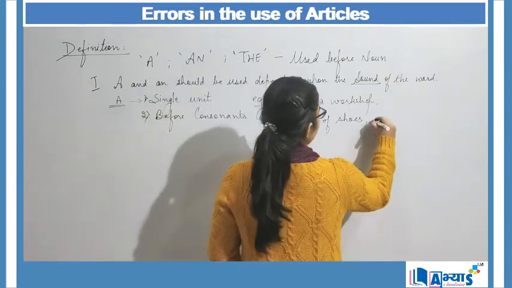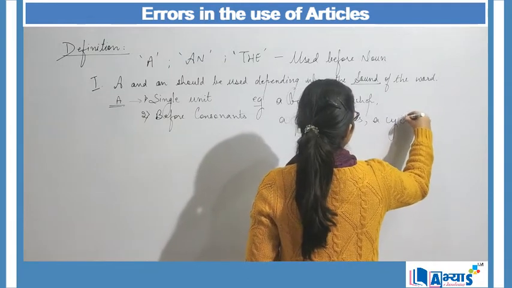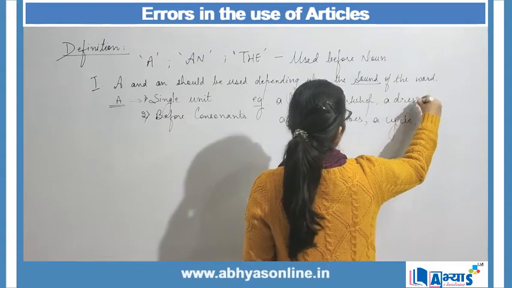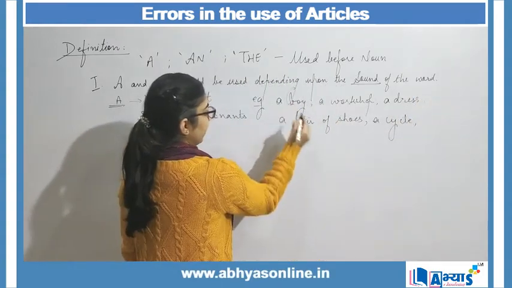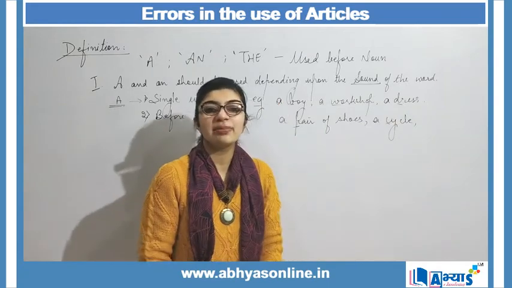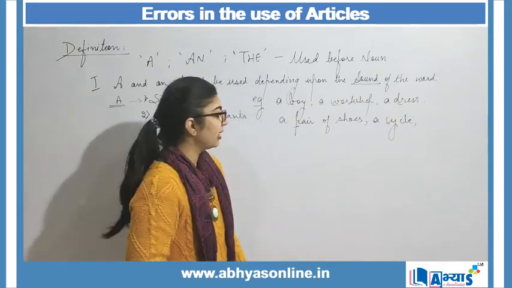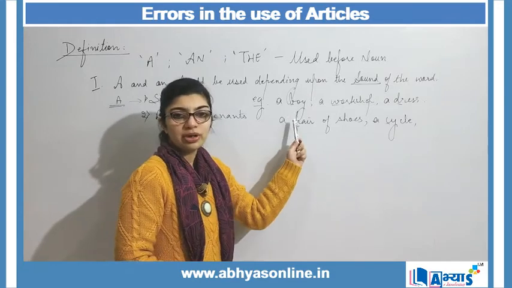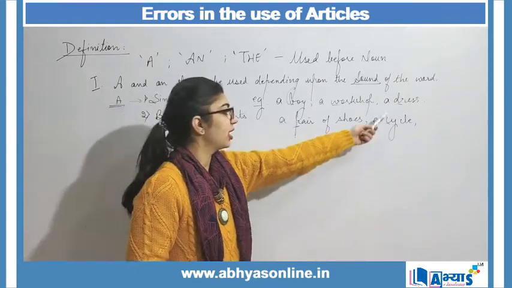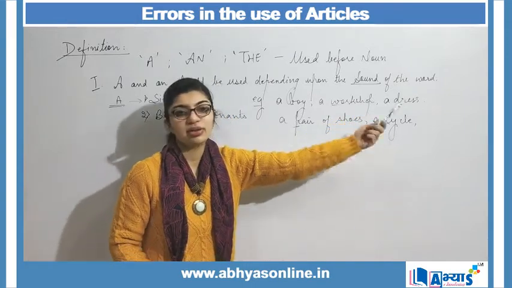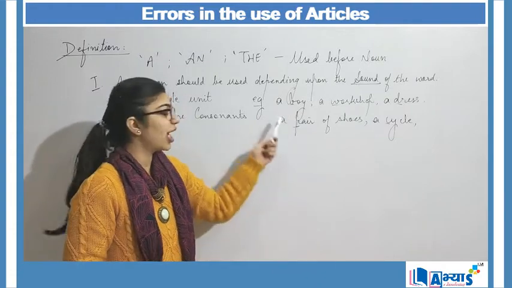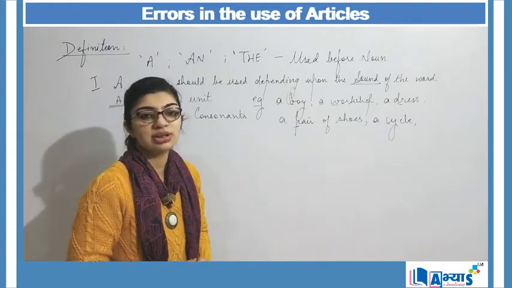Then I say a cycle, a dress. So here I can see that B, P, C, W, D, all my words are beginning with consonants, and there is only one boy, one cycle, one dress that I am talking about, right? There's a single unit for each, and therefore I am making use of a.